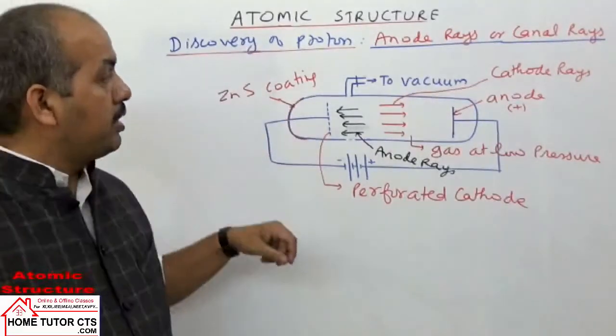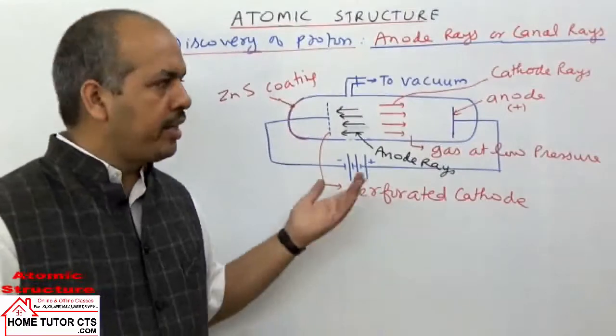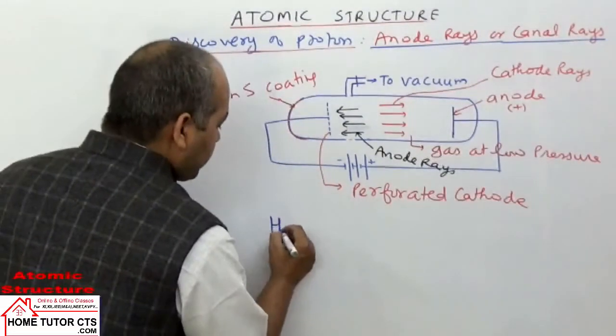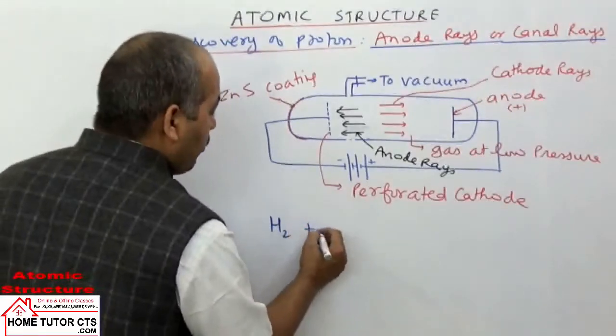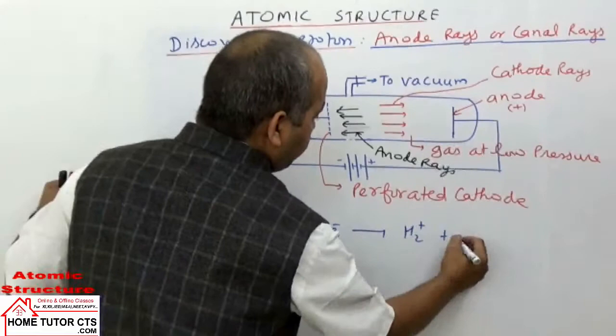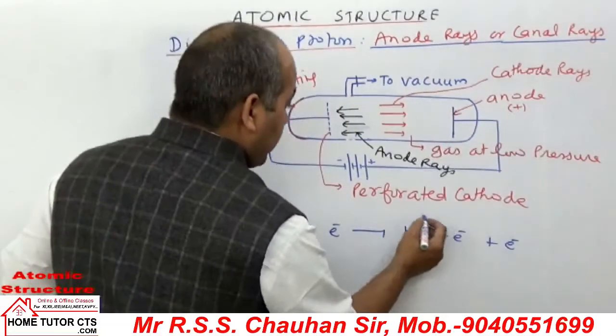Now, I'd like to go for the source. What is the source of anode rays? Then we can take the properties. We have already discussed: if gas molecules are struck by electrons, they can form H2 plus ions and more electrons.